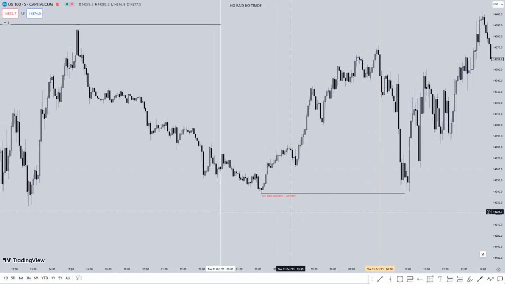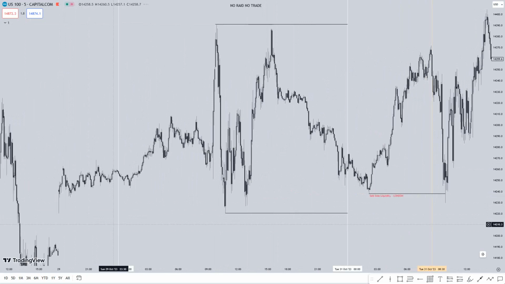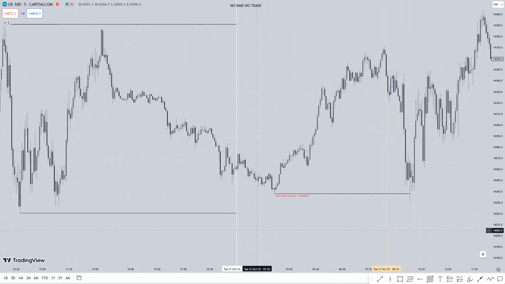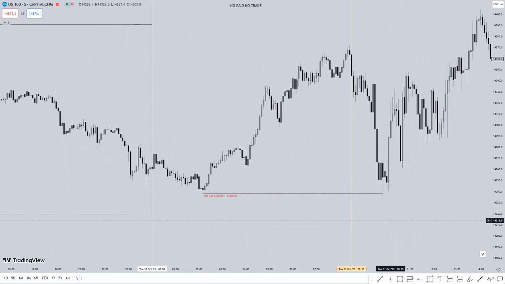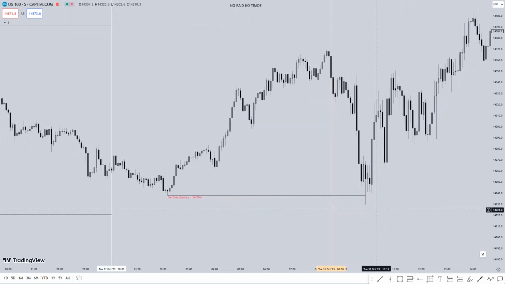Although we do have the previous day's low and the gap underneath that right there, it is possible for price to trade lower even after hitting this. However, looking closer at price, we can see that we took out a low and we traded higher.